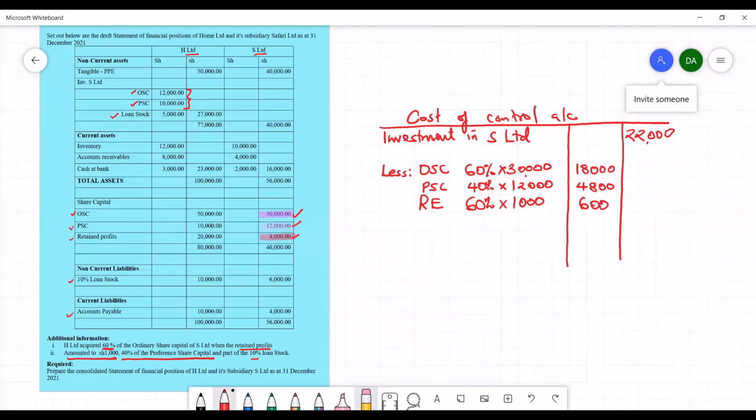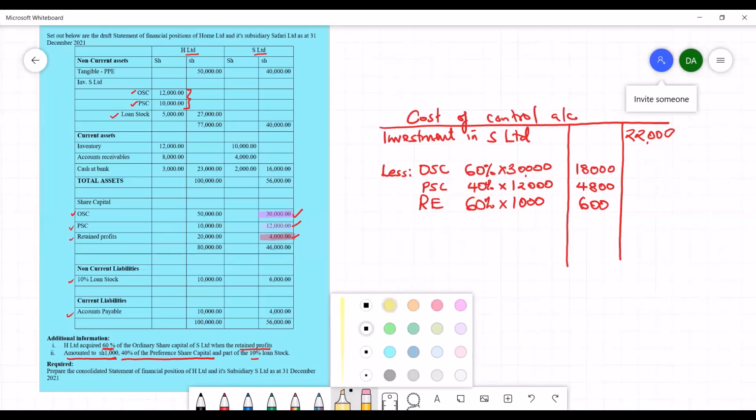Therefore, we need to determine the total shareholders fund that was acquired, which we subtract from the investment to determine whether there is positive goodwill or negative goodwill. Now, we need to add the three items.